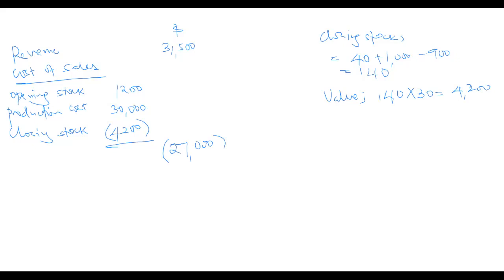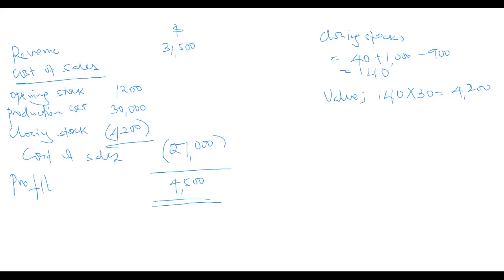Okay, great. Therefore, the cost of sales is 27,000. Therefore, profit, we take revenue minus cost of sales to give us how much? 4,500. Confirm? Yes. Okay, they'll get profit equal to 4,500.